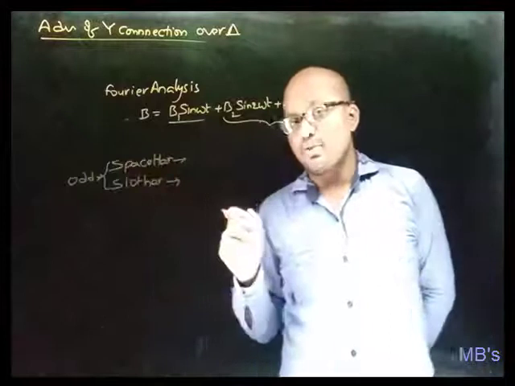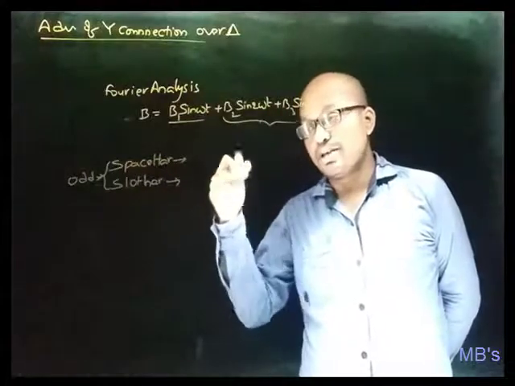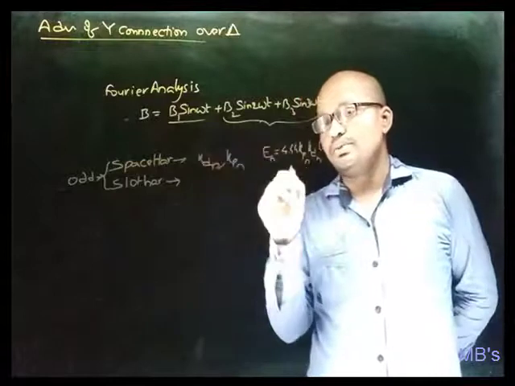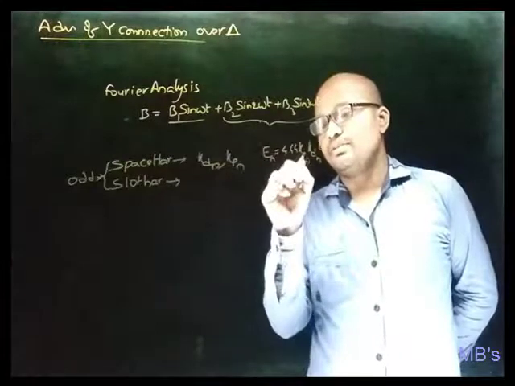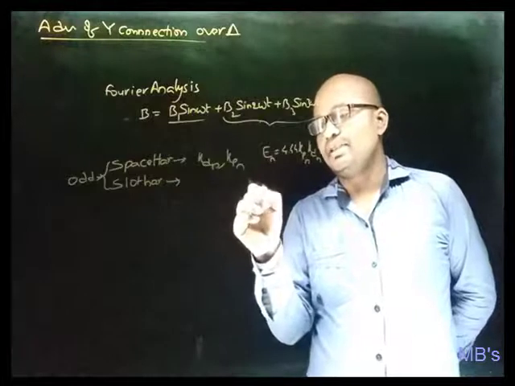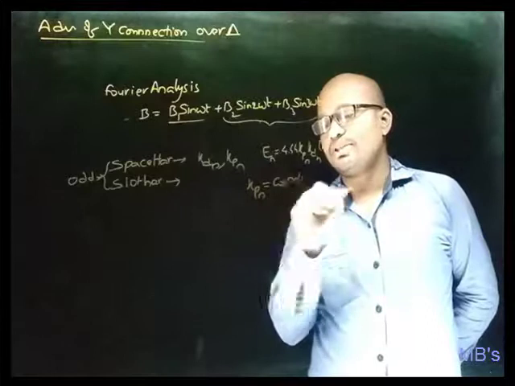Simply, to eliminate space harmonics, we have to make the EMFs induced by that particular order harmonic 0. So how to make this induced EMF 0? Either we have to make Kpn 0 or Kdn 0. Kpn, you know, is the pitch factor, cos(nα/2).